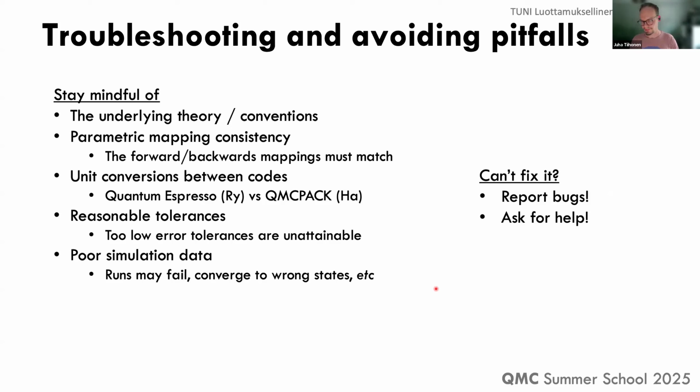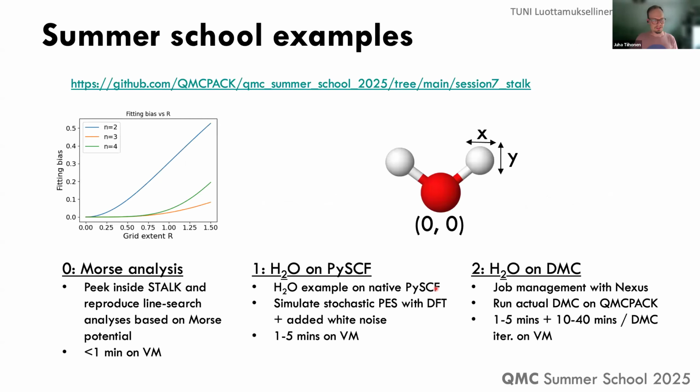If you have trouble still, feel free to report the bugs, ask for help. And take a look at these examples that are provided in the GitHub. There's actually one on DMC. It's a bit heavy on the virtual machine, but if you have a lunch break, then you can use that to run down the error bars.